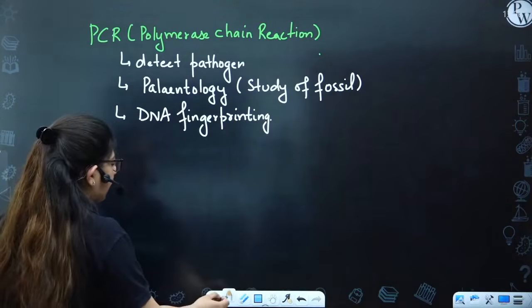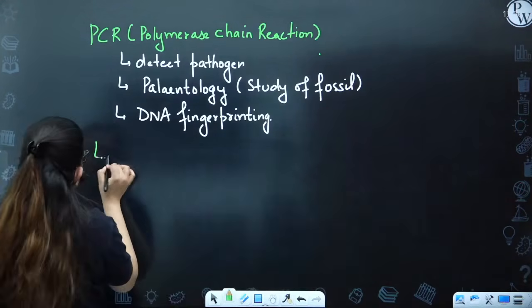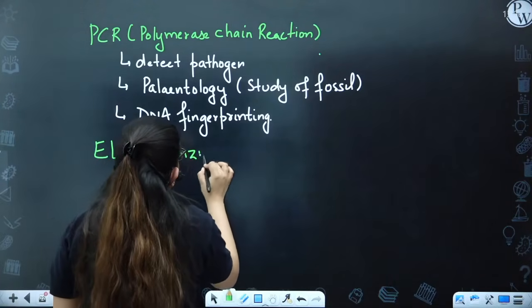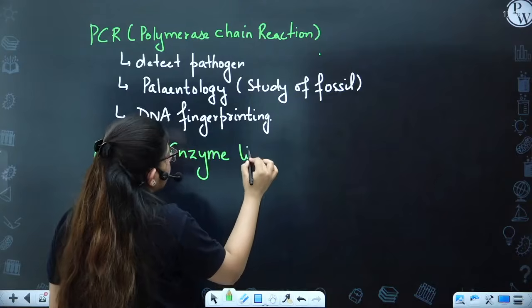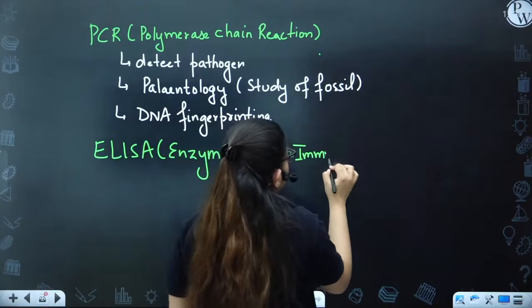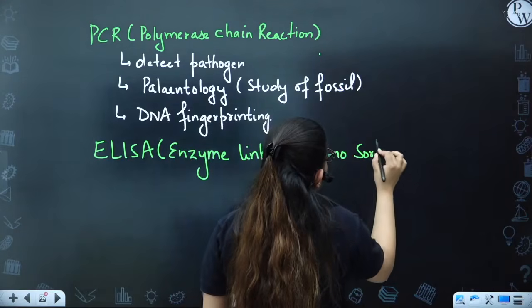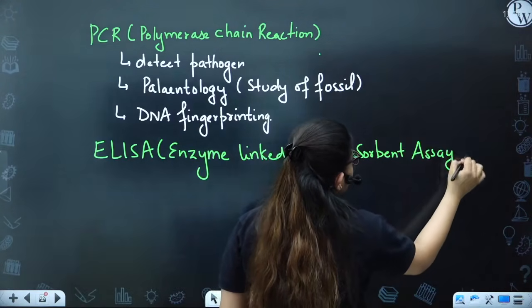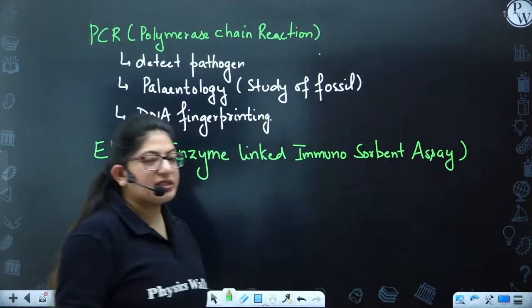So next is ELISA. ELISA is enzyme linked immunosorbent assay. Here assay is spelled A-S-S-A-Y, and that means the detection.